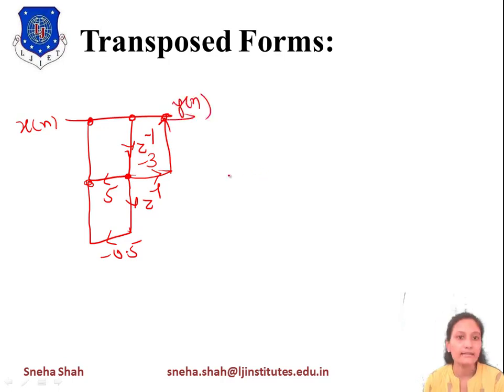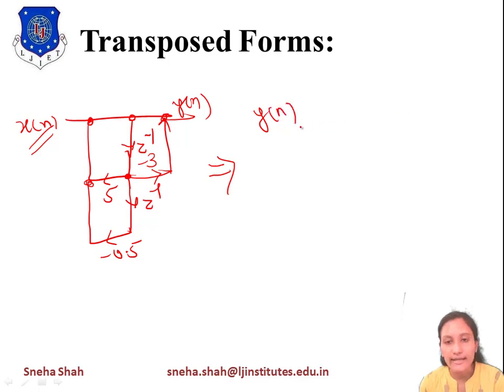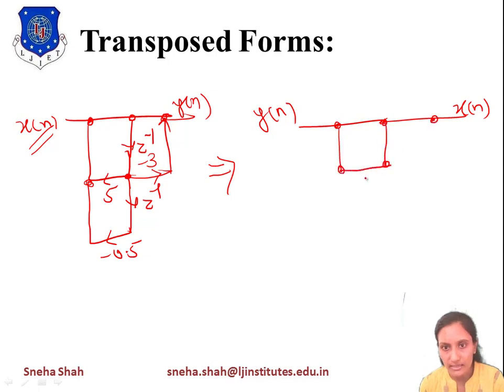Now suppose we want to convert this into transpose form. The first rule is that x of n and y of n are interchanged. So instead of x of n we will write y of n, and instead of y of n we will represent x of n. Now we will draw the three nodes as it is. Over here another node, and this one is last.